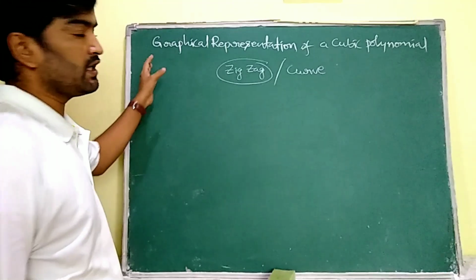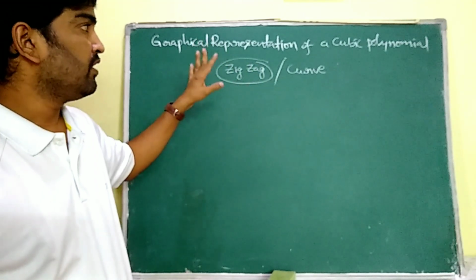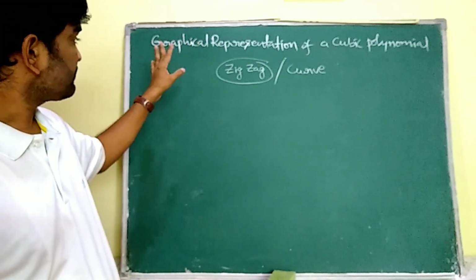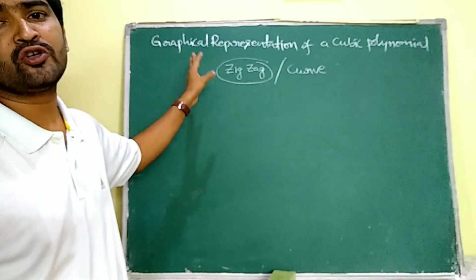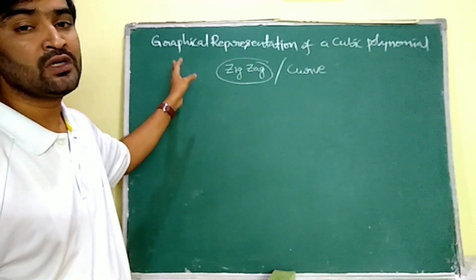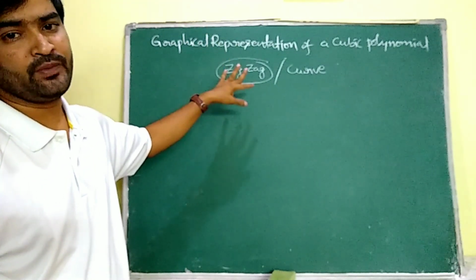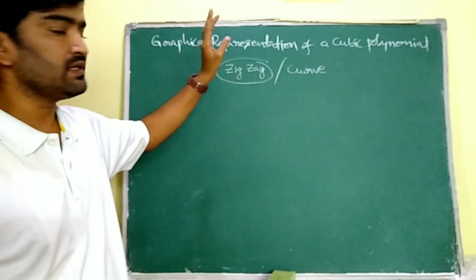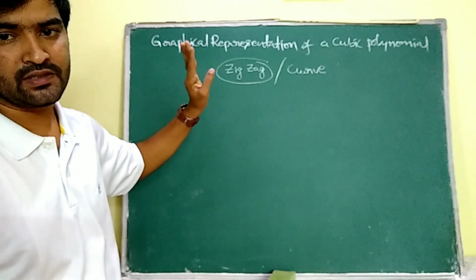So this type of cubic polynomial graphs are not going to be asked in our 10th class. Only the shape of the cubic polynomial will be asked. A cubic polynomial always represents a curve. You have to remember that.